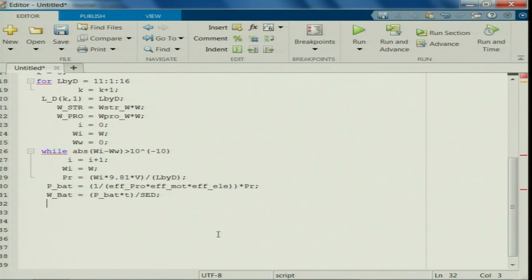So, with this weight, without actually using this, we consider the structural weight and propulsion weight as a constant, otherwise we will not be able to achieve a closed form solution here, right.